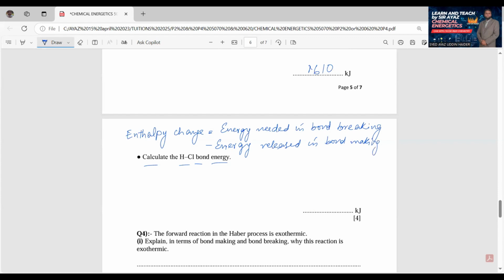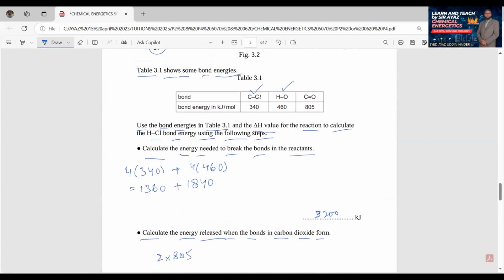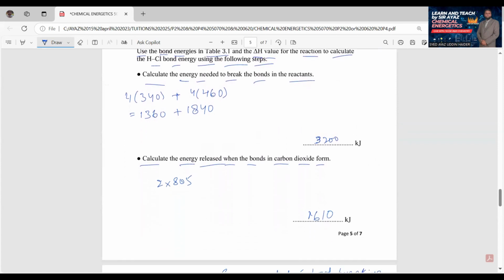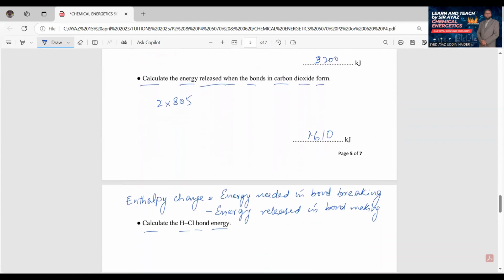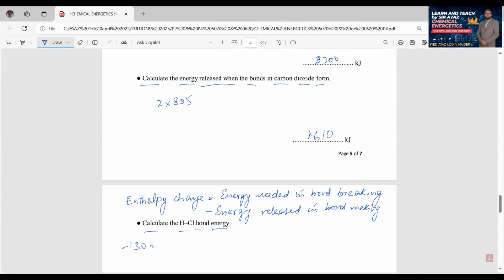Now putting the values, enthalpy change is provided in this question, and that is minus 130. So you will start with minus 130 is equal to energy needed in bond breaking.